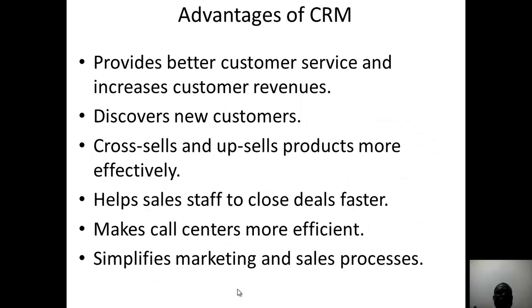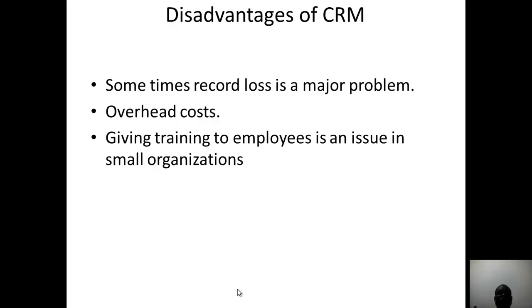So the advantages include: it provides better customer service and increased customer revenues, discovers new customers, cross-sells and upsells products more effectively, helps sales staff to close deals faster, and makes call centers more efficient. It simplifies marketing and the sales processes. Sometimes some of these disadvantages occur.